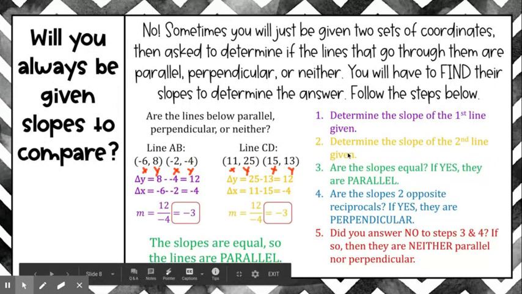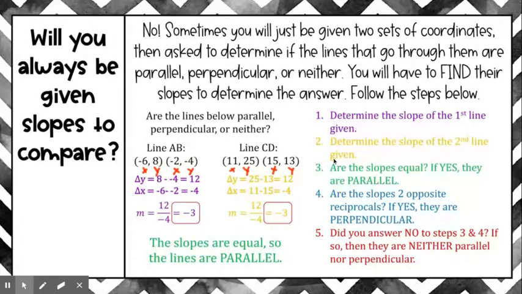Now our second step is to determine the slope of the second line. So we've got our X's and Y's marked. We're going to pull our change in Y. Our first Y is 25, our second Y is 13. So 25 minus 13 is 12. Now we need to find our change in X. Our first X is 11, and our second X is 15.